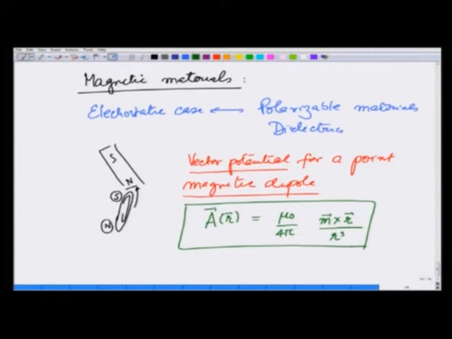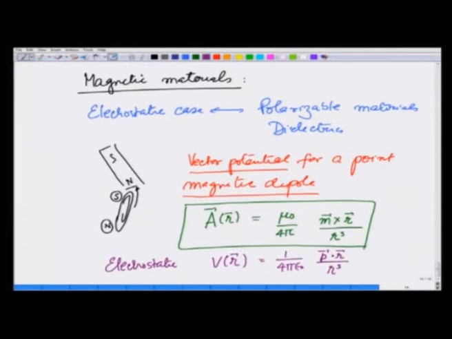This is similar to, recall that in electrostatics, the electrostatic potential at r due to a point dipole sitting at the origin was 1 over 4 pi epsilon 0, p dot r over r cubed.